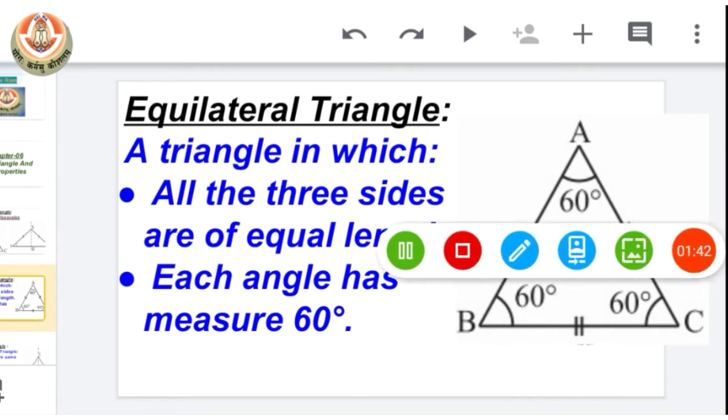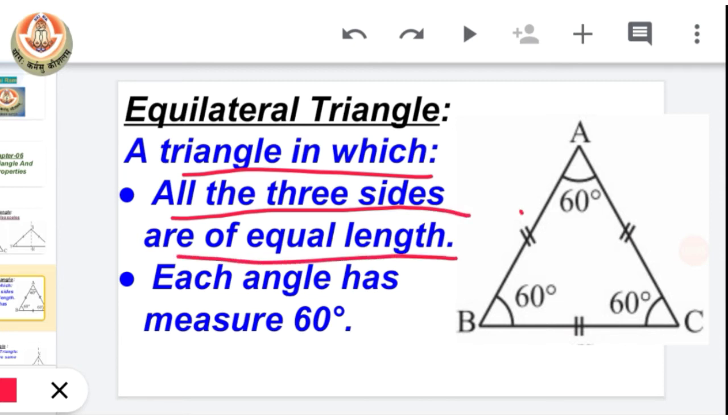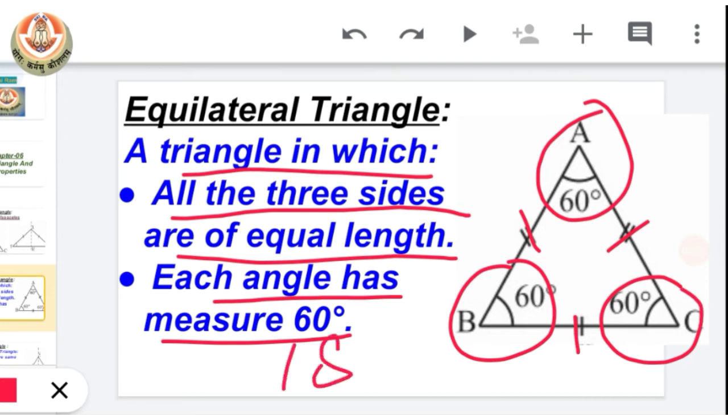So as we know, a triangle in which all the three sides are of equal length, you can see that all the three sides are of equal length and each angle has a measure of 60 degrees. According to the angle sum property of a triangle, the sum of all the three angles of a triangle should be 180.